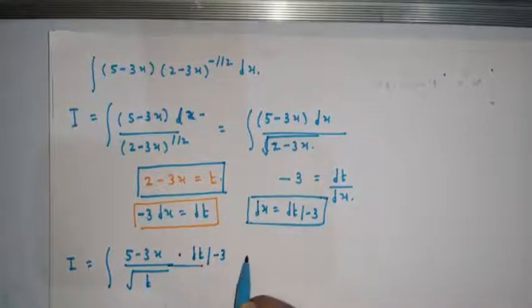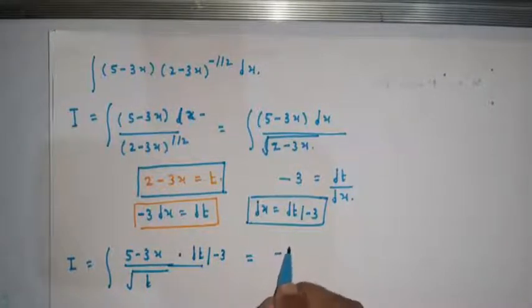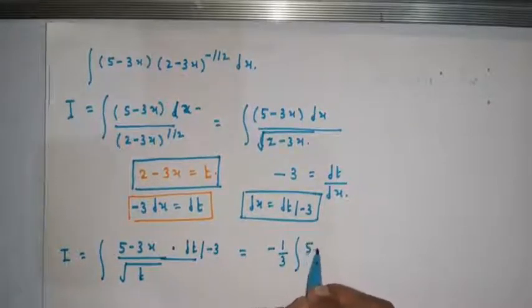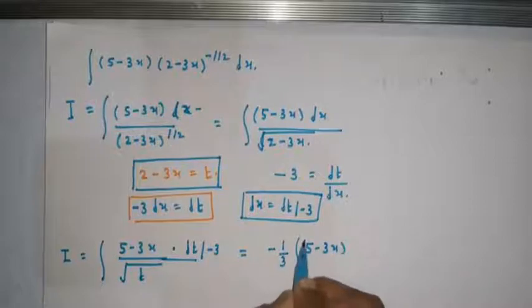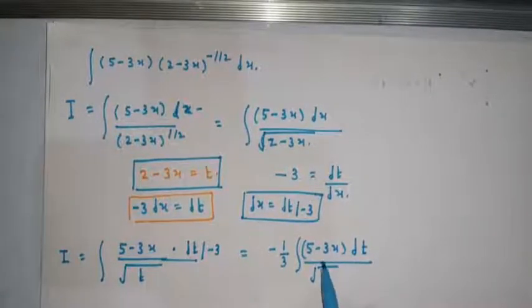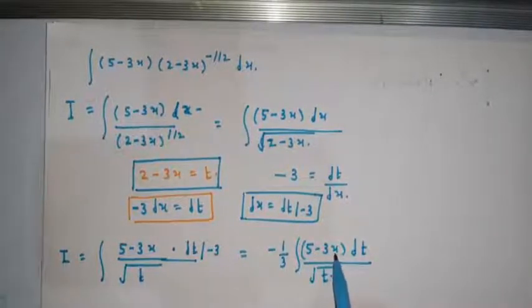Okay, and hence we will get minus 1 upon 3 integration of 5 minus 3x with respect to t upon square root of t. But see students, here 5 minus 3x, so convert this term.